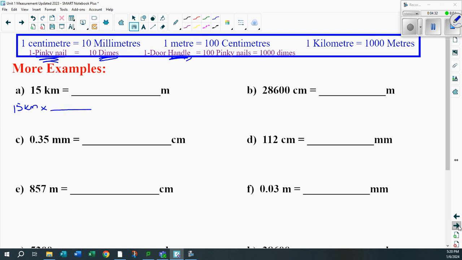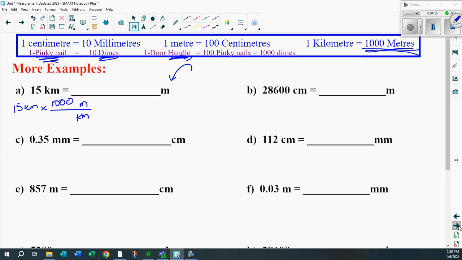Whatever you want to get rid of, put it on the bottom. You want to convert this into meters. Put it on top. So let's ask ourselves a question. How many door handles, height of door handles, make up a kilometer? Well, it's right here. 1,000 door handles make up a kilometer. 1,000 meters make up a kilometer.